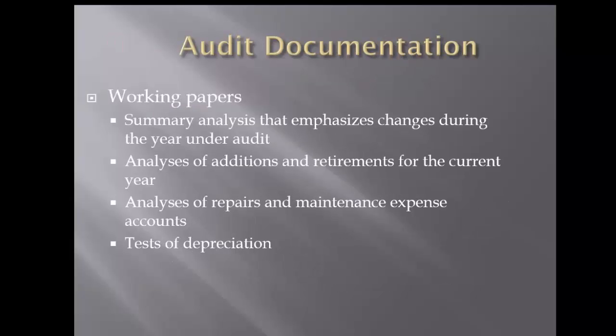When we're looking at how we're actually documenting this, what we're looking for is a summary analysis that emphasizes changes during the year under audit. Analysis of additions and retirements, analysis of repairs and maintenance expense, and the tests of depreciation.